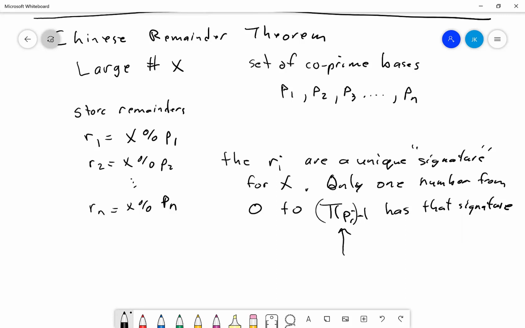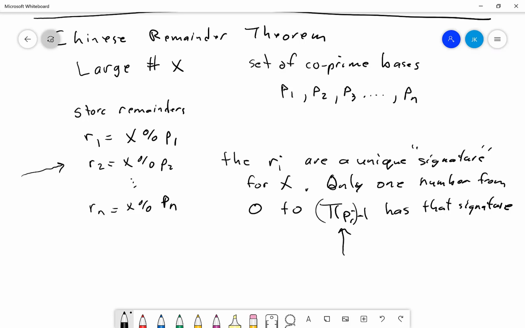Imagine these primes are all 9-digit primes. You can do lots of these, and suddenly you've got a gigantic number. You can check whether it's 0, and you can add, subtract, and multiply numbers. You can do all of those things just like we discussed before, but you're doing it with these remainders.